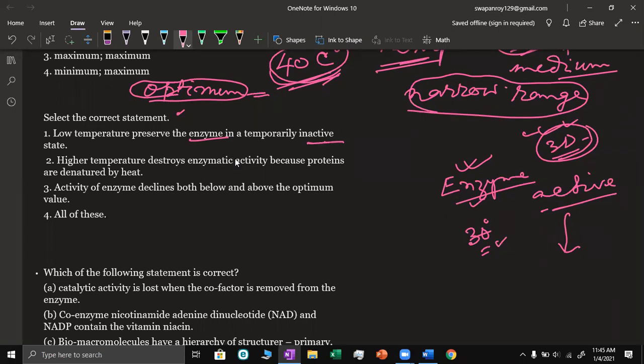So it is preserved at low temperature, temporarily in an inactive state. This is why we keep our edible substances in the fridge, in the refrigerator.